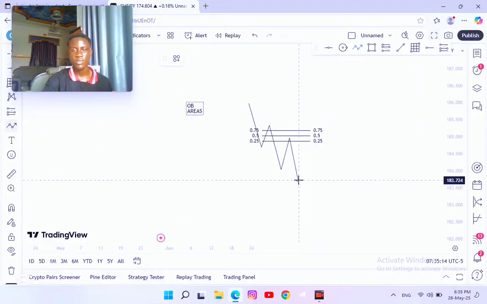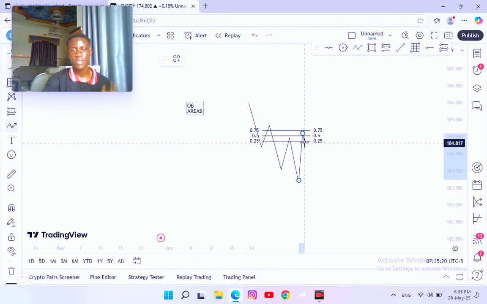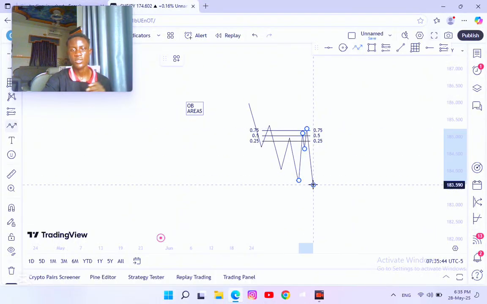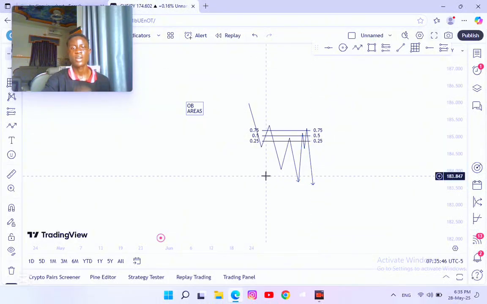So if price comes back down to this 50% level, that's when I'm going to be taking my first trade. But if price did not respect this one, it's going to sell from the 50% level of the 0.75 areas. So price will sell.